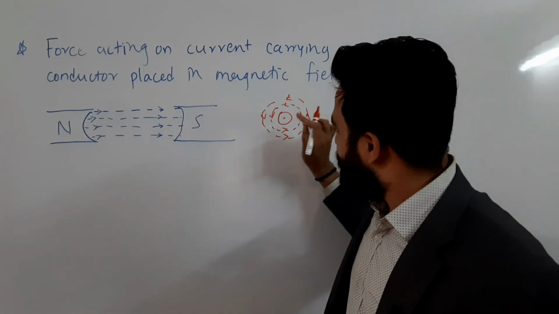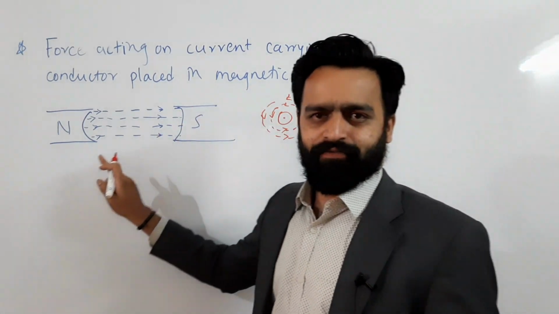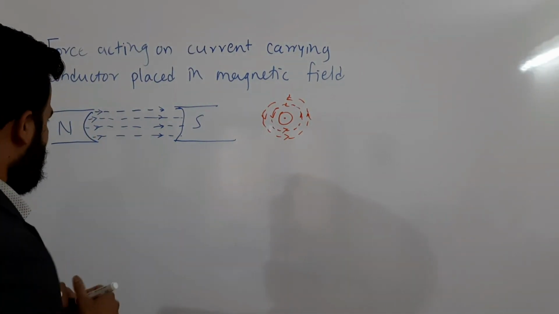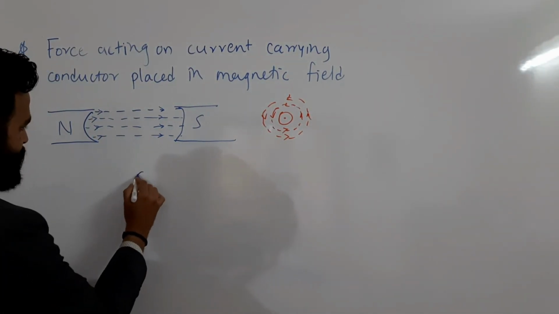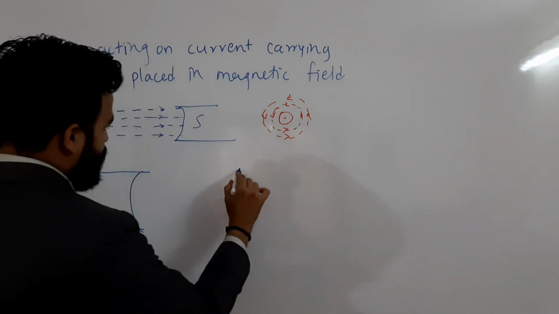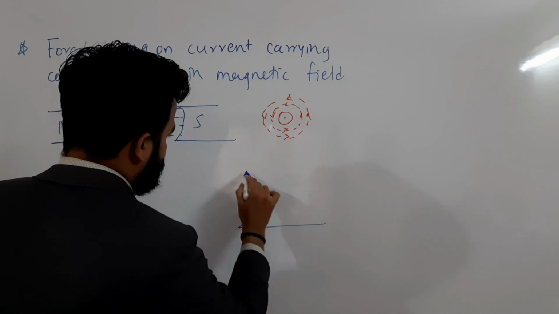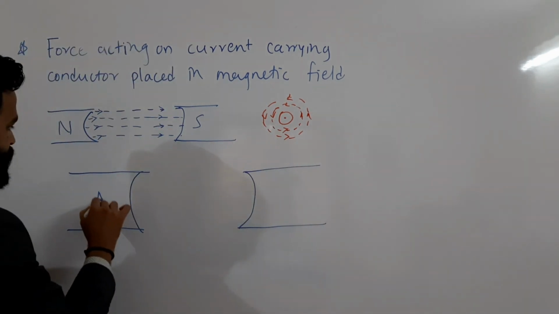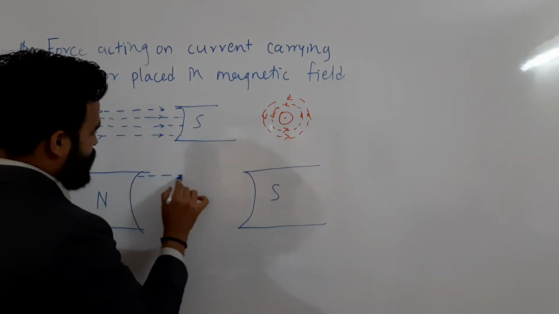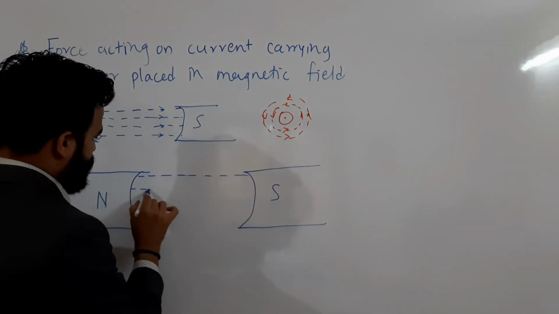Now I am going to place this current carrying conductor in this magnetic field. Now when I do that, I'll draw a separate diagram for that. थोड़ा सा अलग से बड़ा डायग्राम ड्रॉ करता हूं आपके लिए. When I do that, as you can see over here, I am drawing a bit bigger diagram now so that for your understanding it will be very easy.